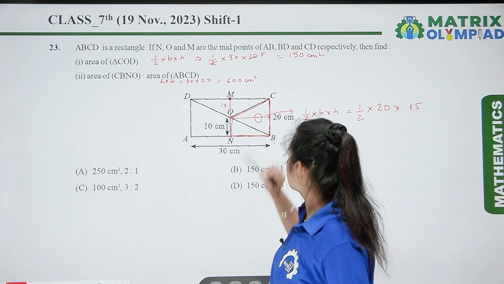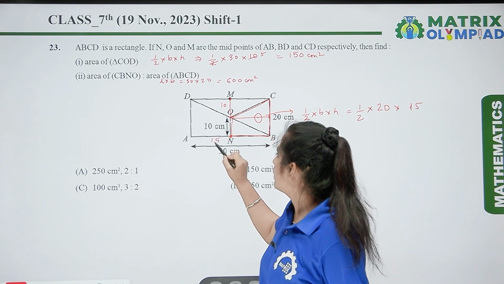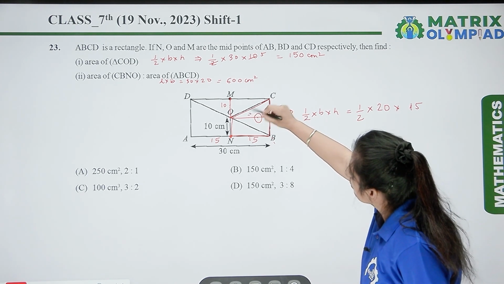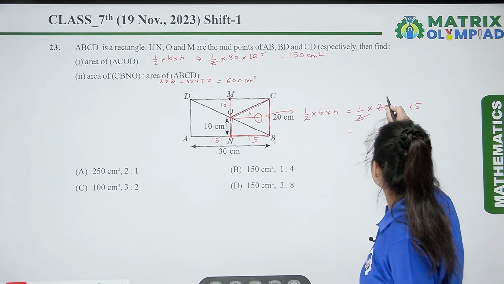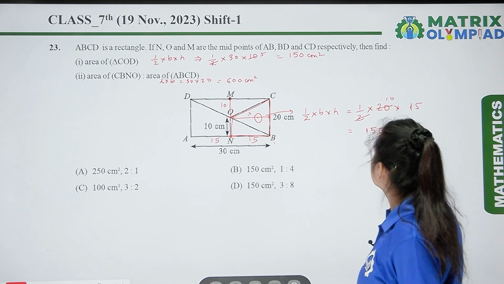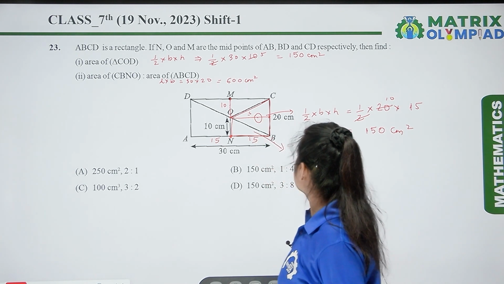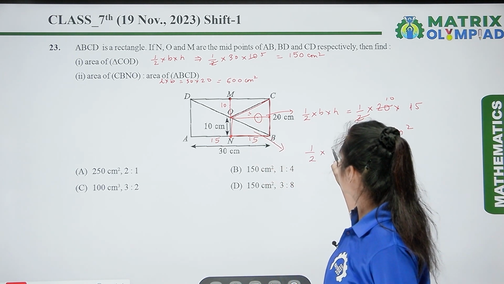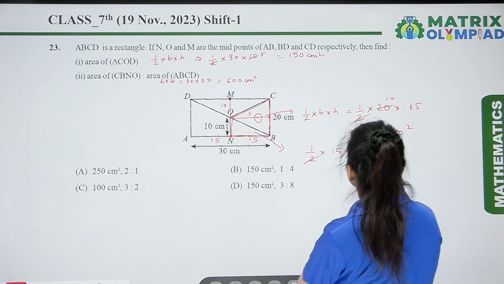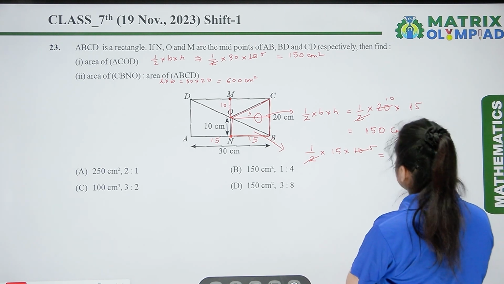So this is the height, and N is the midpoint. So AN is 15 and NB is also 15. Here we get 150 centimeter square, and area of this triangle is half into base is 15 and height is 10, that is 75 centimeter square.